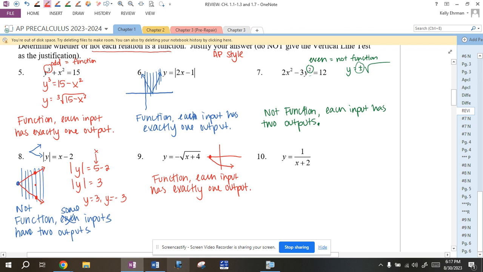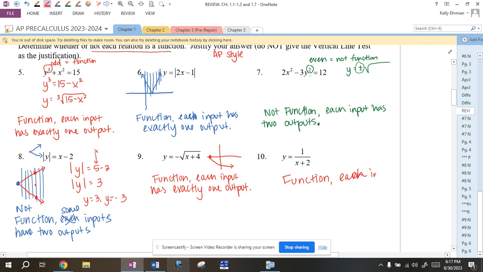Well, what about something rational? y equals 1 over x plus 2. Well, one hint that this is a function is we had problems like this all over the domain and range packet, which those were all f of x. But also just start plugging things in for x and realize there's no way to get a plus or minus. So once you've convinced yourself of this, number 10 is a function.